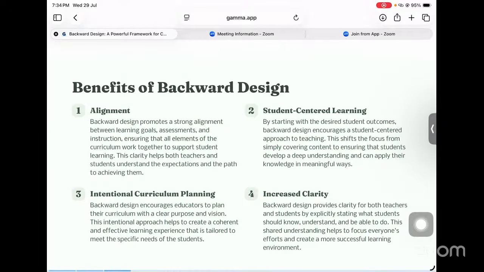And the last thing is it will give clarity to both students and teachers, because it will tell what the students should know, what they should understand, and what they should be able to do. And therefore, the shared understanding will help to focus everyone's effort, and it will also create a more successful learning environment. Okay, so these are the benefits of backward design.